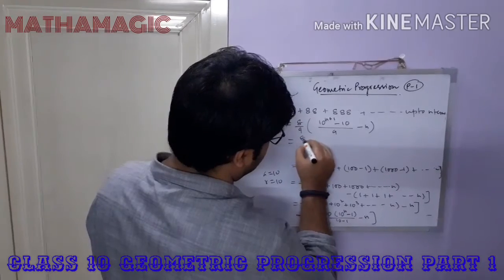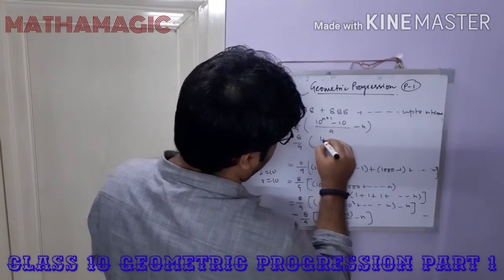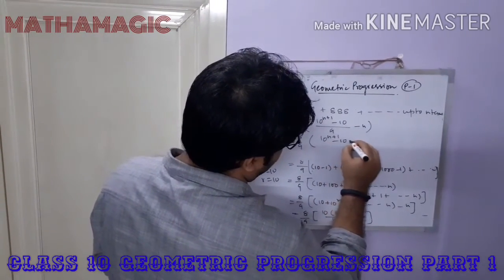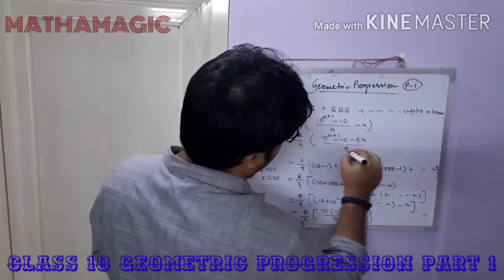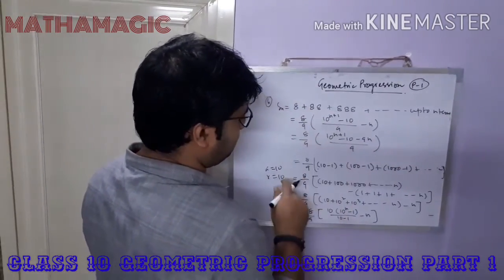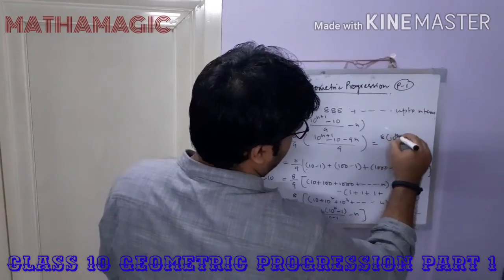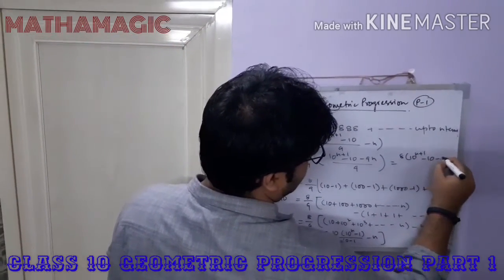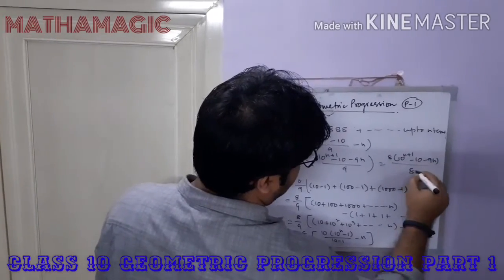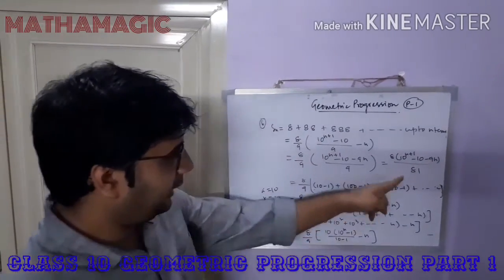If you do the LCM, then it will become 10 to the power n plus 1 minus 10 minus 9n divided by 9. You can do this multiplication. If you do the multiplication, it will become 8 into 10 to the power n plus 1 minus 10 minus 9n divided by 81. So this is the final result.